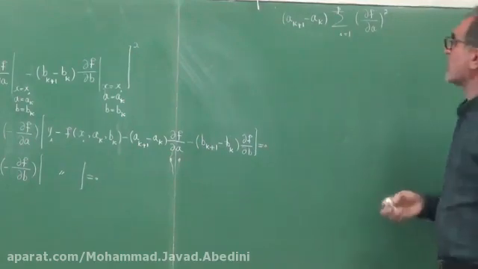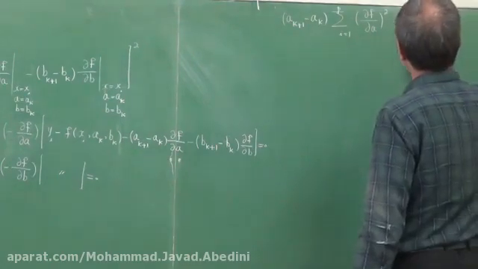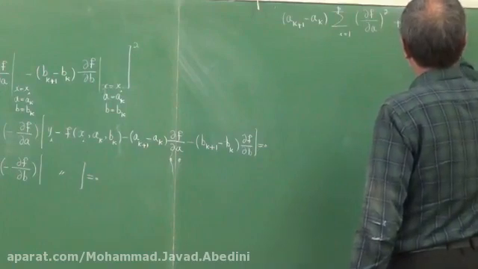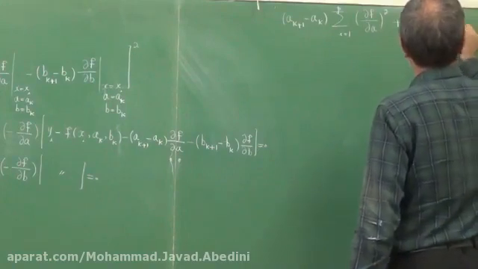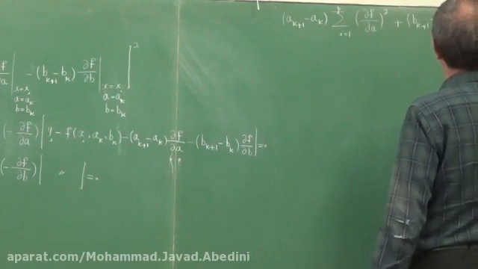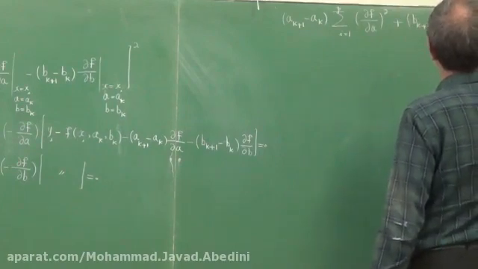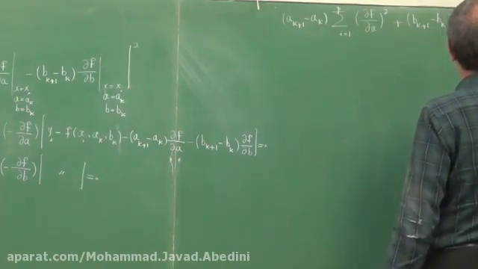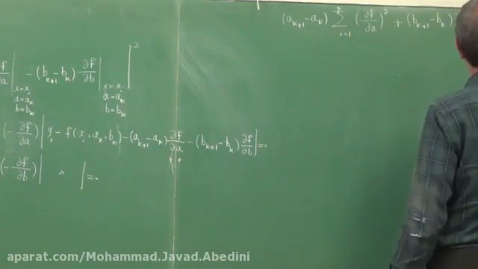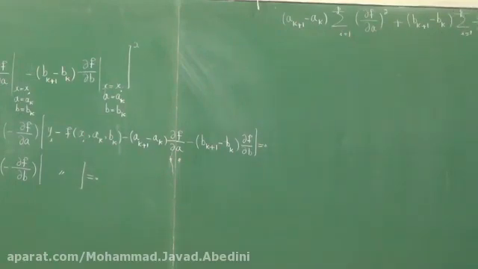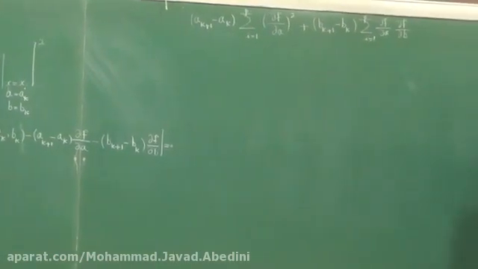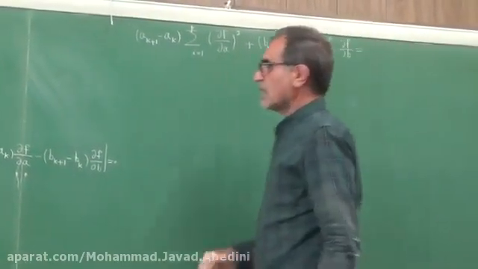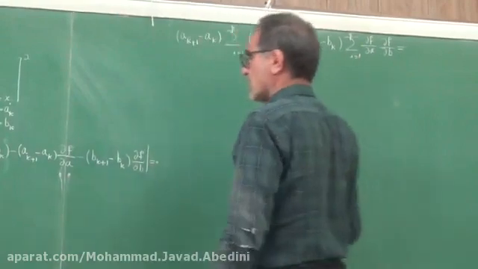Okay? Plus bk plus 1 minus bk times summation i from 1 to p of partial f partial a partial f partial b, equal to, and then this times this will go on the other side.